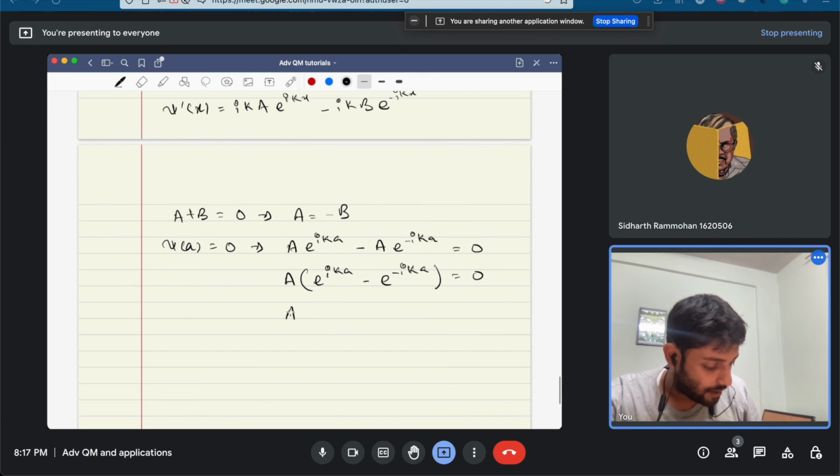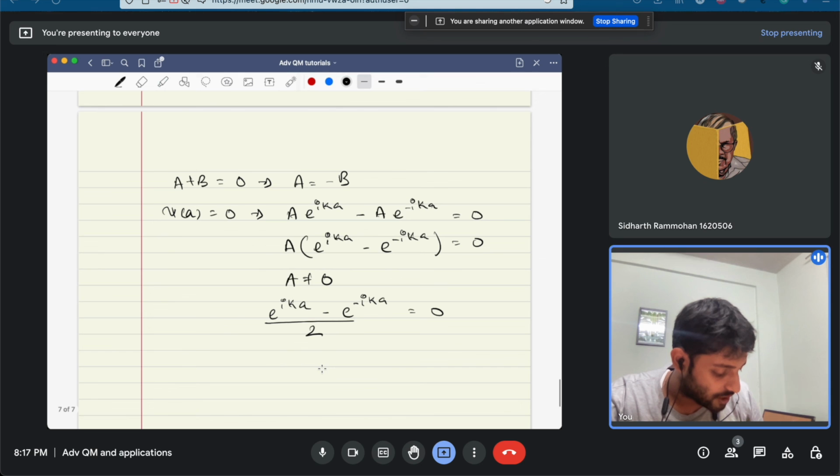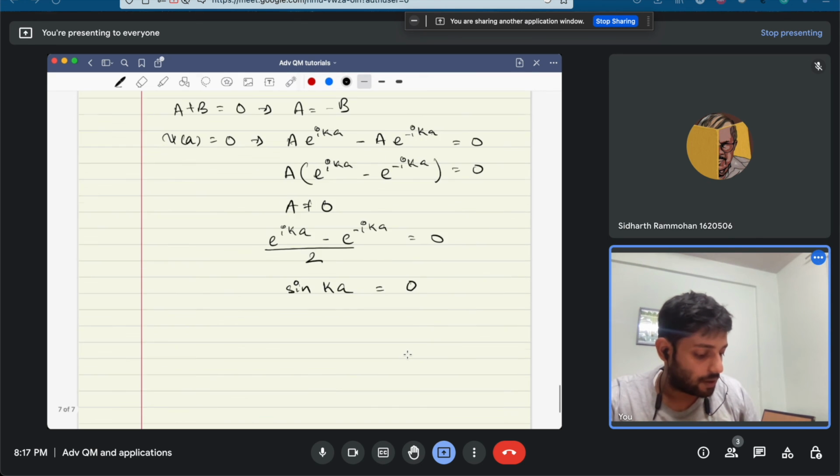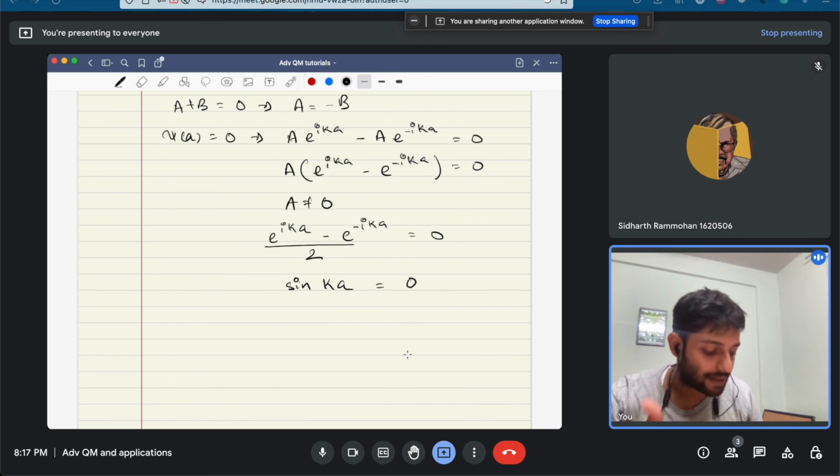Since a cannot be 0, otherwise the wave function is always 0, we have the other part to be 0. You can divide by 2i, and this essentially gives us sine of ka equal to 0. And you know sine can be 0 at 0, pi, 2 pi, that is n pi. So we have the solution as ka equal to n pi here.